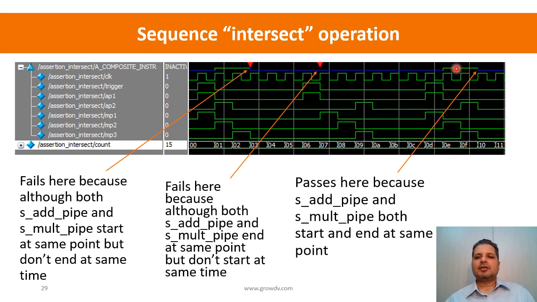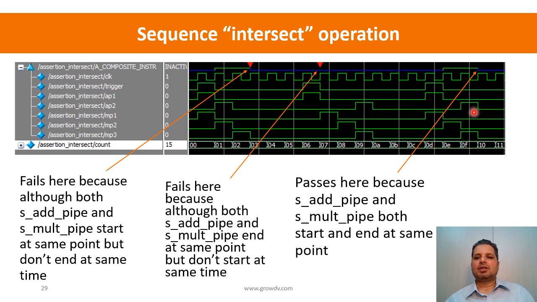Okay. The third use case, or the third stimulus, we see that trigger has come in at the count of D, and in an overlapping fashion we have AP1 assertion, and in an overlapping fashion we have MP1 assertion, which means both the add and mult sequences have started at the same sampling event.